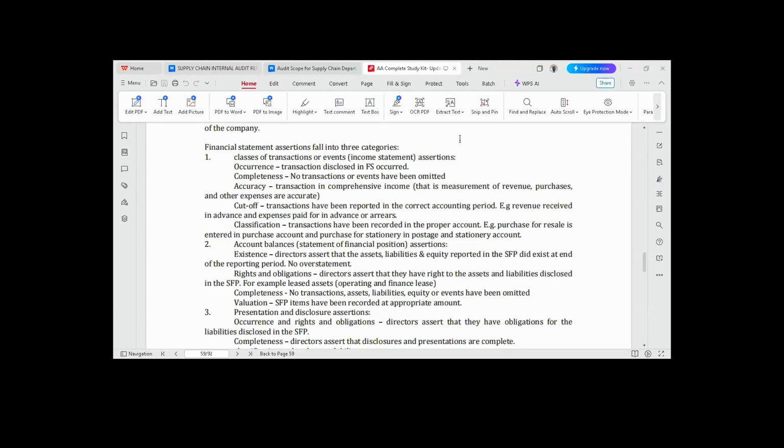So for instance, you are using a tractor, okay? Because we are talking about an agro-allied business. You are using a tractor.